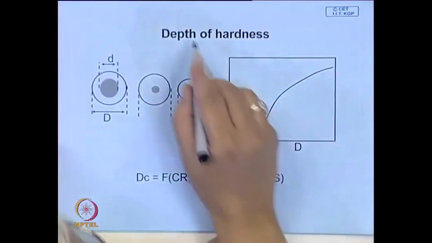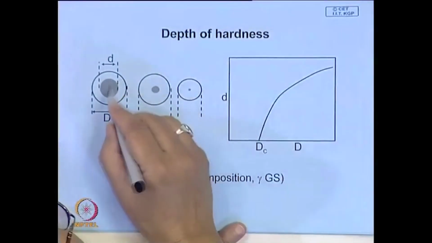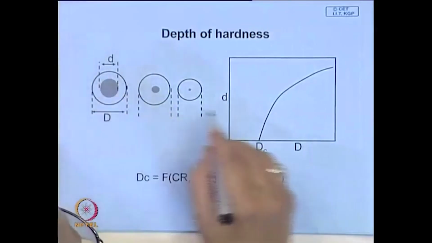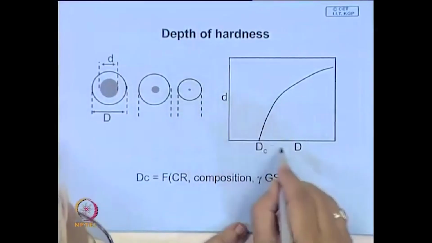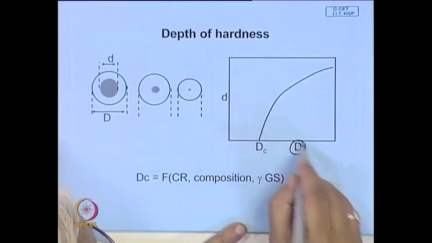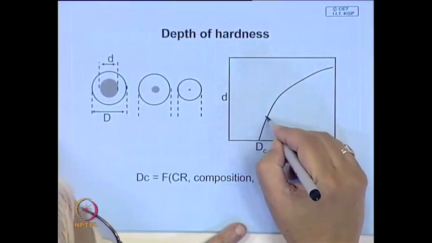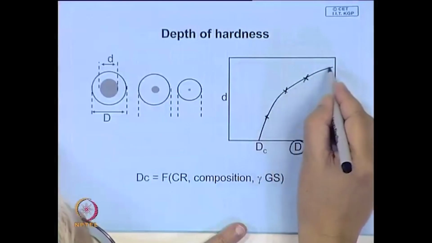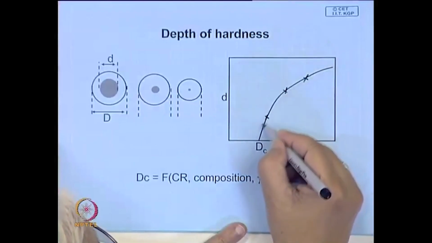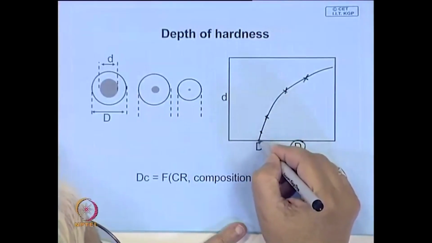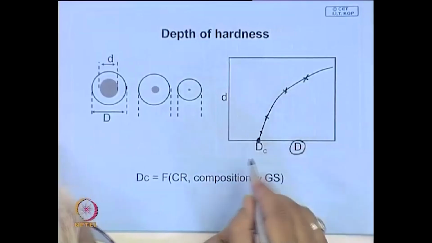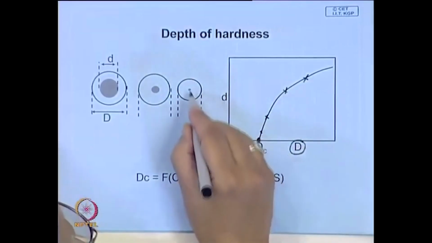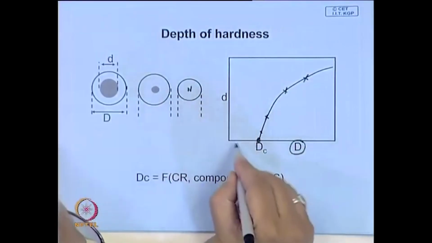Now, let us try to have a little more quantitative definition. If you have measured this diameter, you make a plot of this diameter against the diameter of the job. So, you get different points here, you have a large number, and then try to extend it to a region, finally you find this is the dimension where this d is 0.